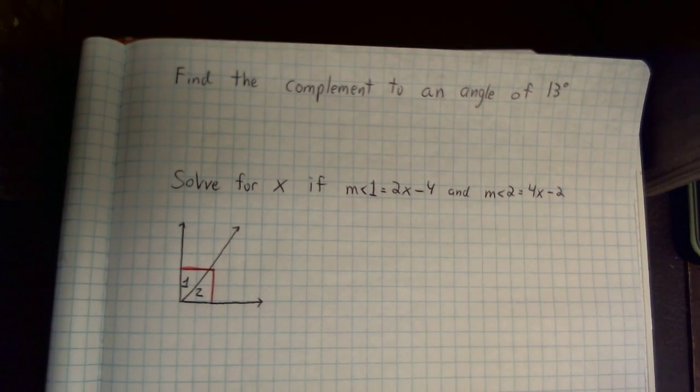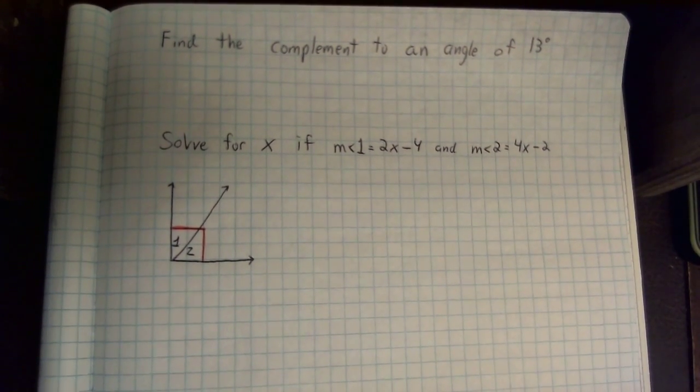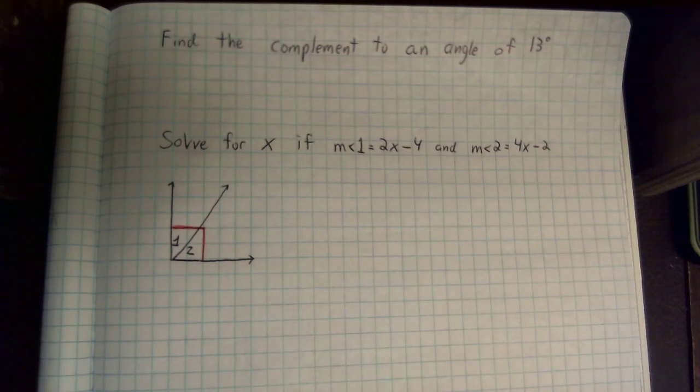And our final set of problems. These problems are asking to find complements. Don't worry about it. Complements just mean that we're looking for two angles to add to 90 degrees. Very similar to the supplements, only here we're adding to 90 instead of 180. So this word problem says find the complement to an angle of 13 degrees.